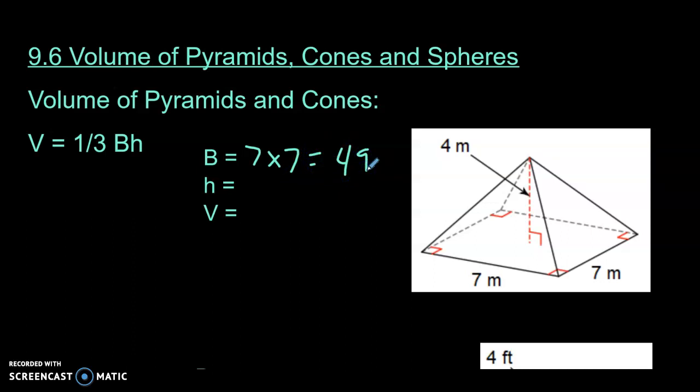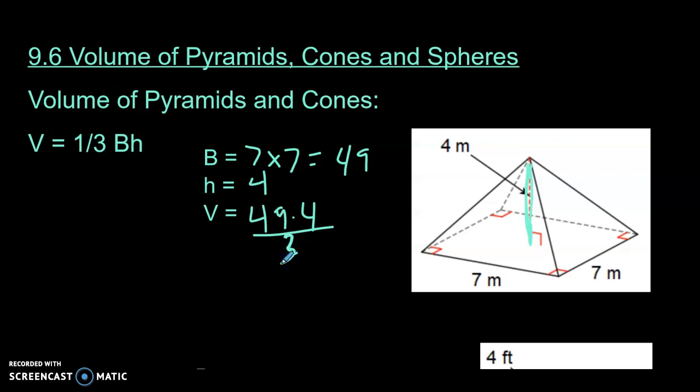Now the height of the object, the height of a pyramid, is this value here in the center that goes up to the highest point in the pyramid. The height of the pyramid is 4. So in order to find the volume, we're going to take the area of the base times the height, 49 times 4, and then we're going to divide that by 3, or take 1/3 of it.